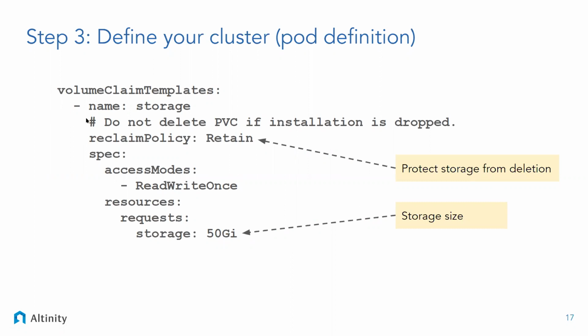This is actually an important setting that is custom to our operator. It's not a normal Kubernetes property, but basically it just says, hey, if I drop the ClickHouse installation, don't delete my storage. In fact, more strictly, don't delete the volume claim that I've made. It protects you. It means that you won't lose your storage if you accidentally delete your cluster, which has happened. So that's it. That's all that we need to do.